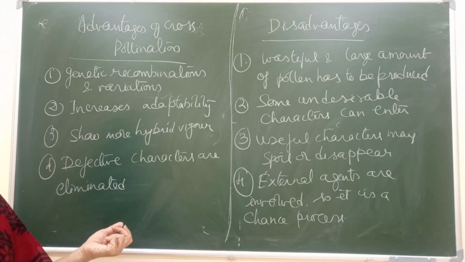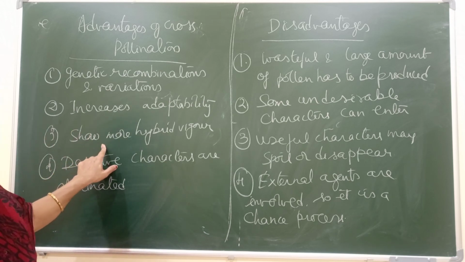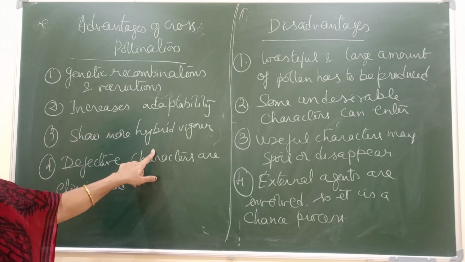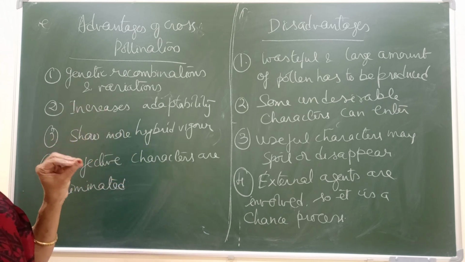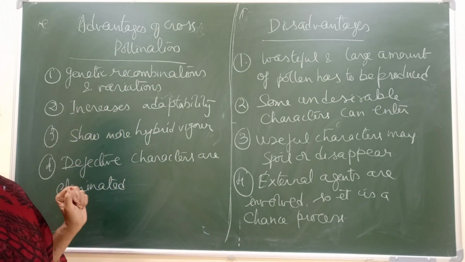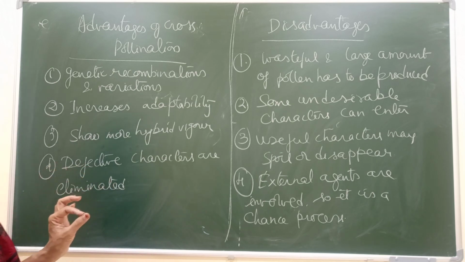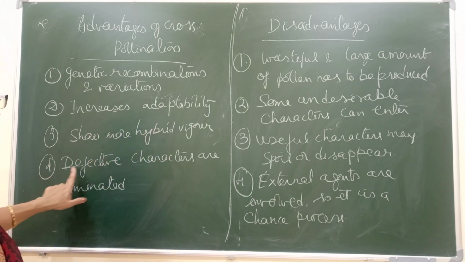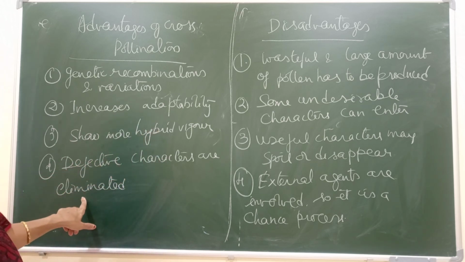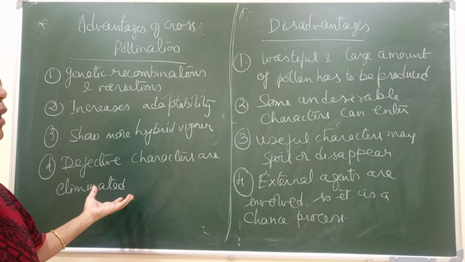Hybrid vigor is due to heterozygosity, and due to cross pollination, heterozygosity can increase. What is hybrid vigor? The superior characters present in progeny with respect to the parents. That superiority is called hybrid vigor. And then defective characters are eliminated.